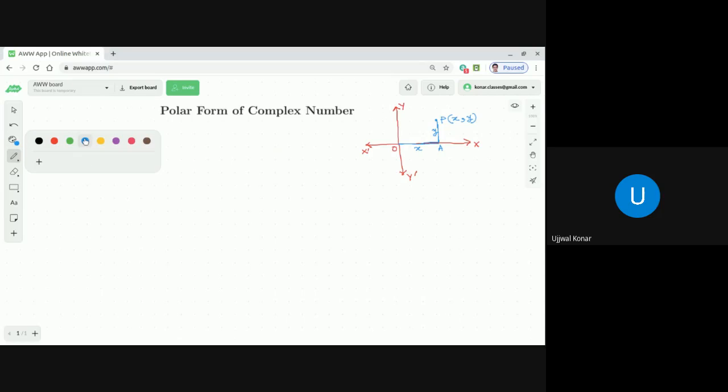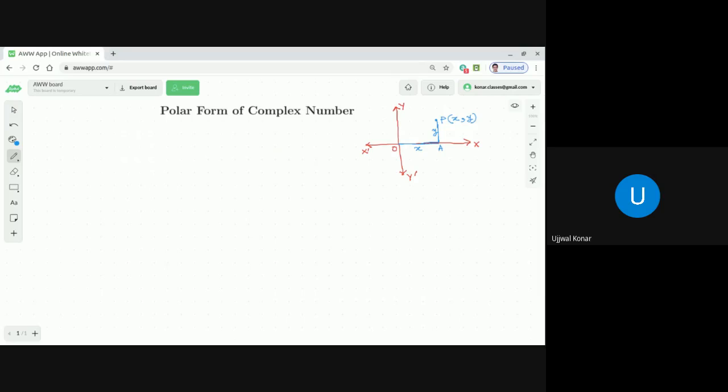Now, if you see in this two-dimensional plane, what you see in the plane of this digital screen is that if you represent a point, you need two reference frames. What are those two frames?